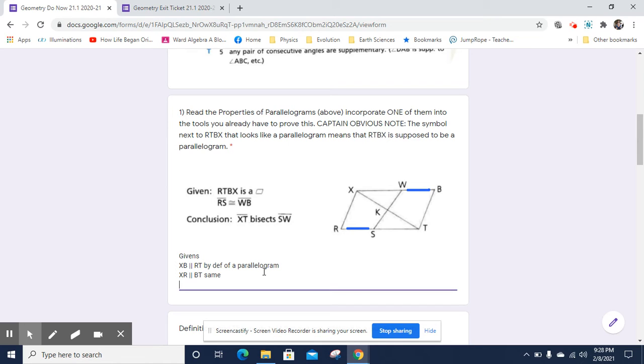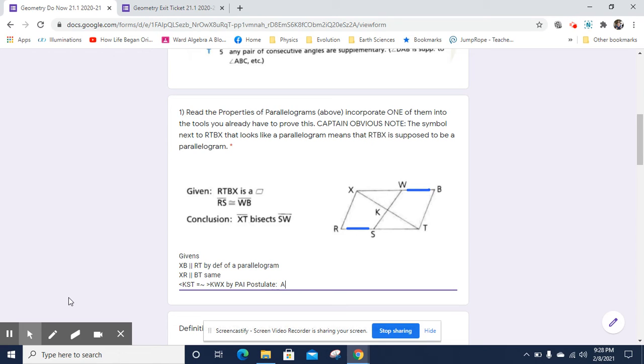So we can say angle KST is congruent to angle KWX by the pairs of alternate interior angles postulate.